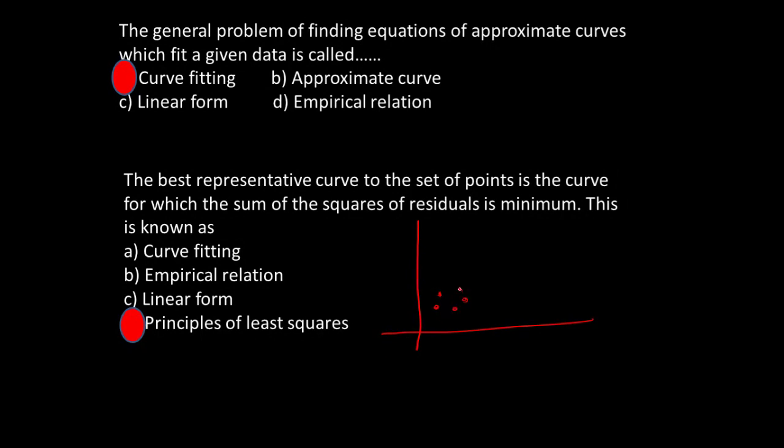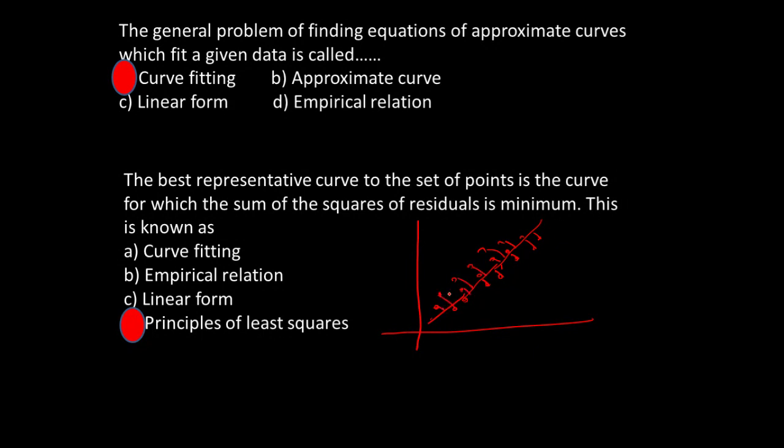Suppose these are the given data available, and you have to fit a straight line. This is the straight line to be fitted. So we have to find out the distance of each of these points from this curve.